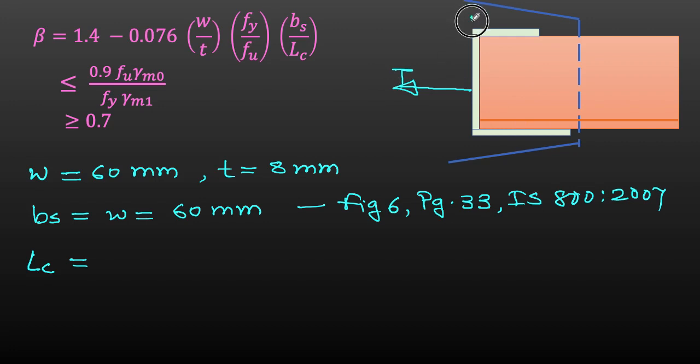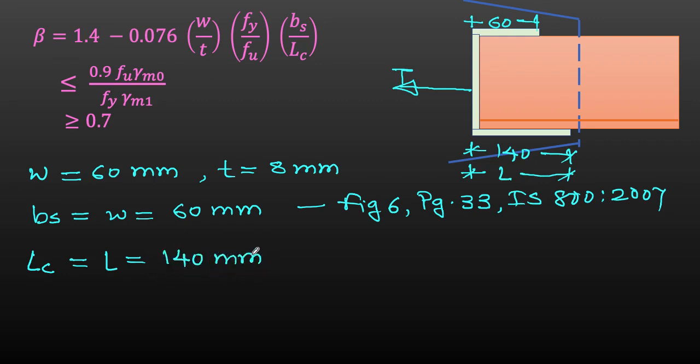We have this length as 60 mm and this length as 140 mm. In the direction of applied force we consider the longer length, that is 140 mm. So Lc is equal to L, which is 140 mm.